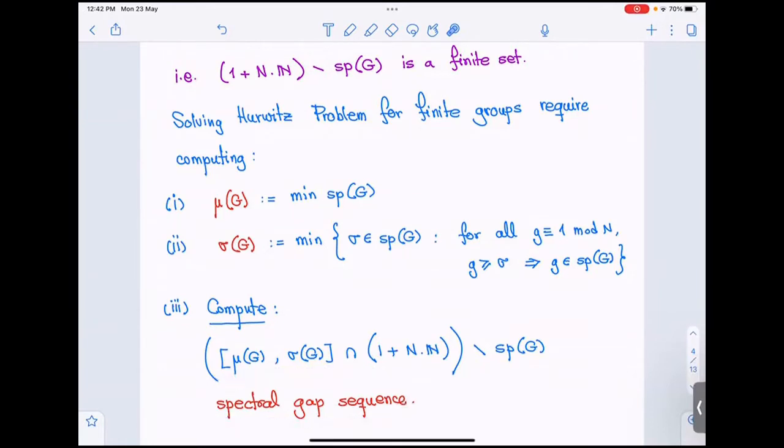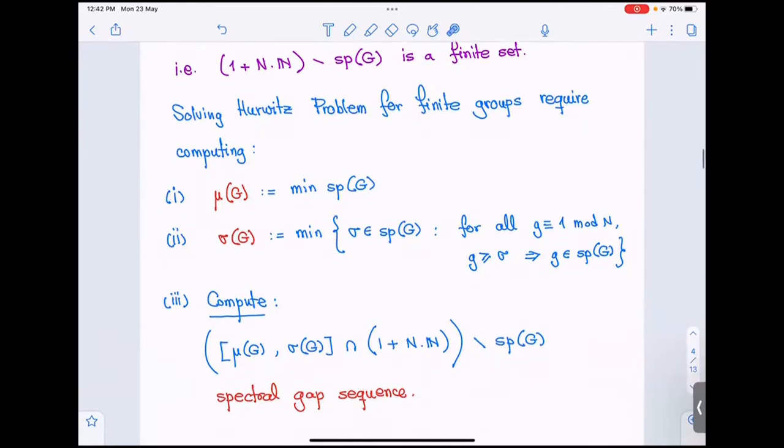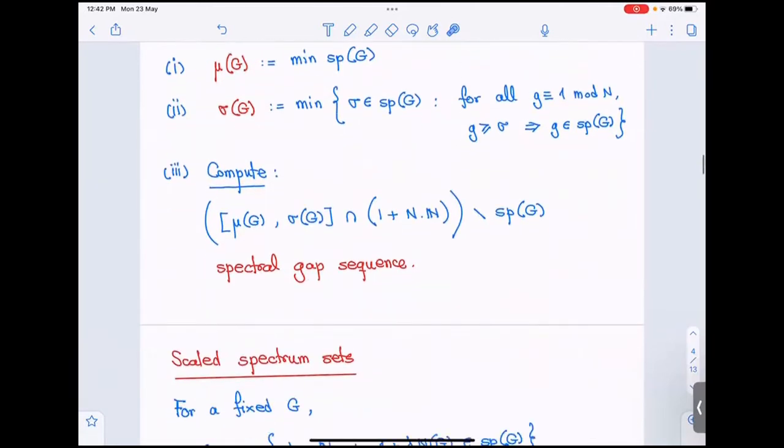One important immediate consequence is that if I find two groups for which mu G and sigma G are exactly equal, then the spectra would be the same. And this is where the focus really lies: you don't try to compute bluntly by picking a group and computing the spectra set.